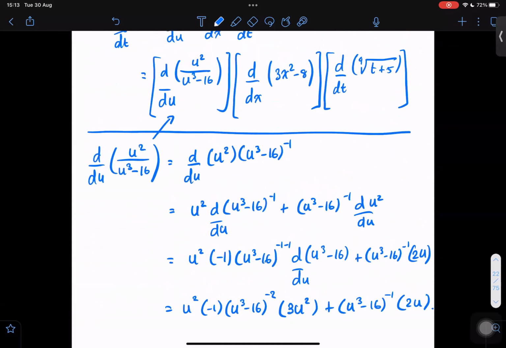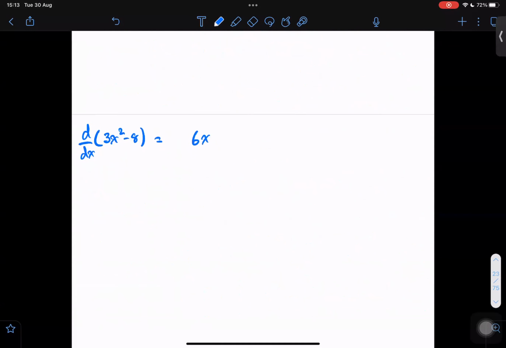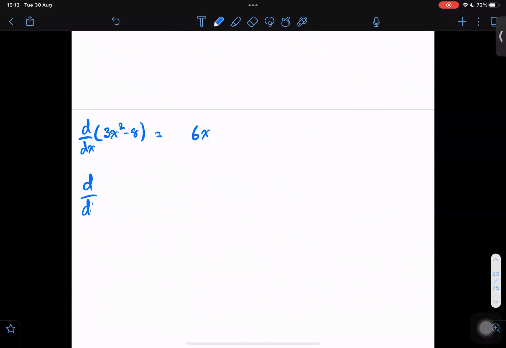Now the last one, d by dt of the fourth root of t plus 5. This thing will become the derivative of t plus 5 to the power 1/4 like this.